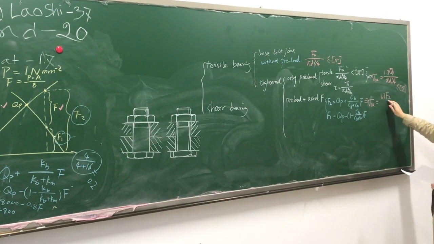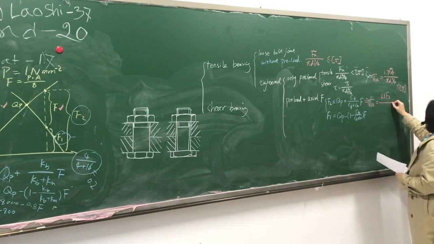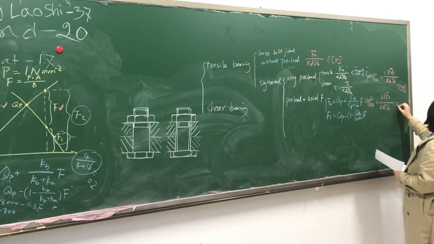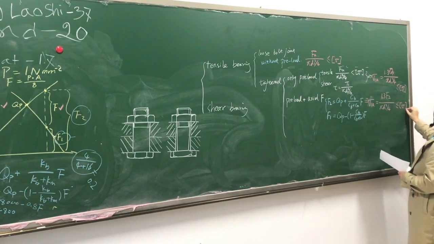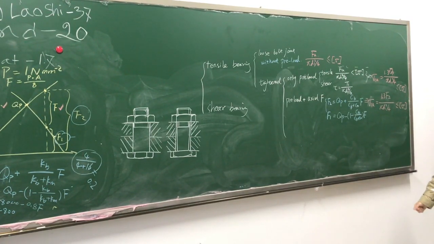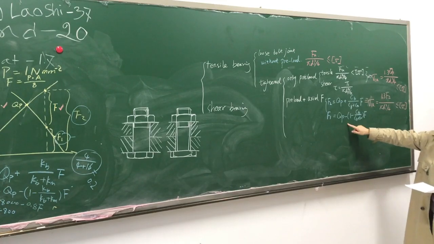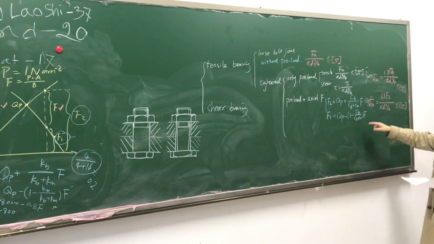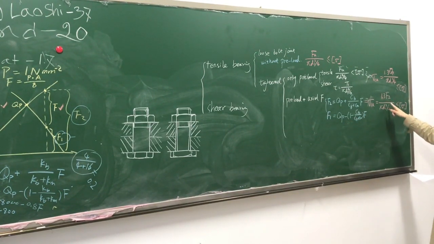Okay, F2 is the resultant force of the bolt, and it should be less than the allowable stress. We also can obtain the sigma for the members, but the area is different.